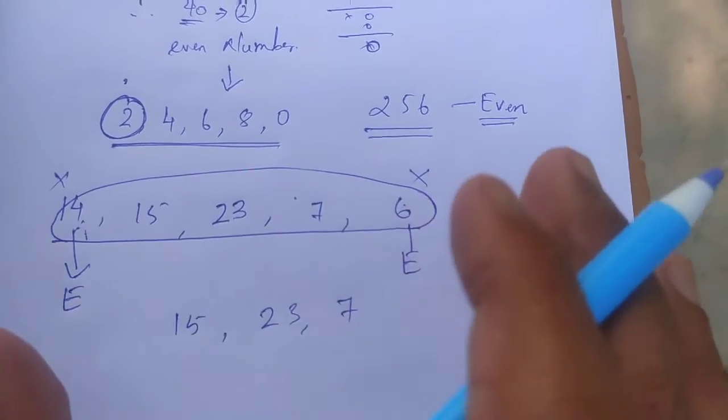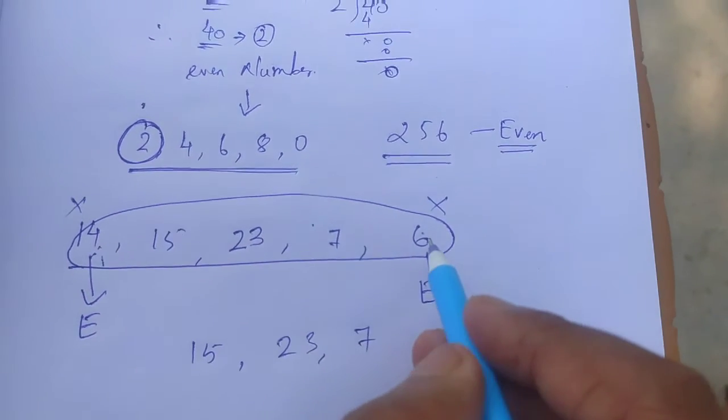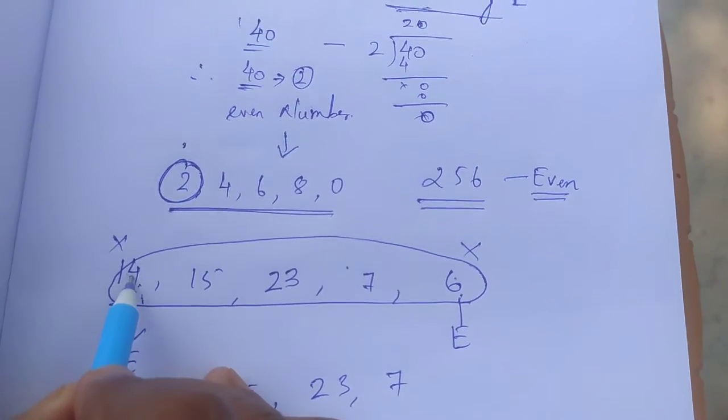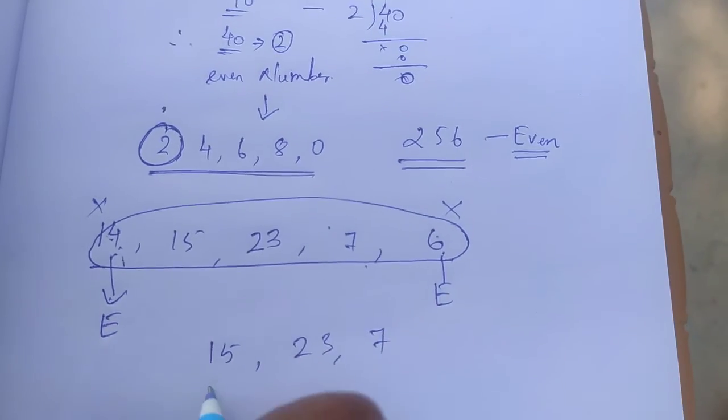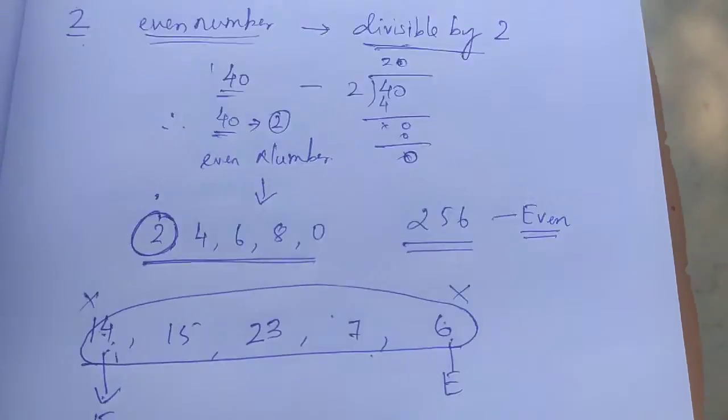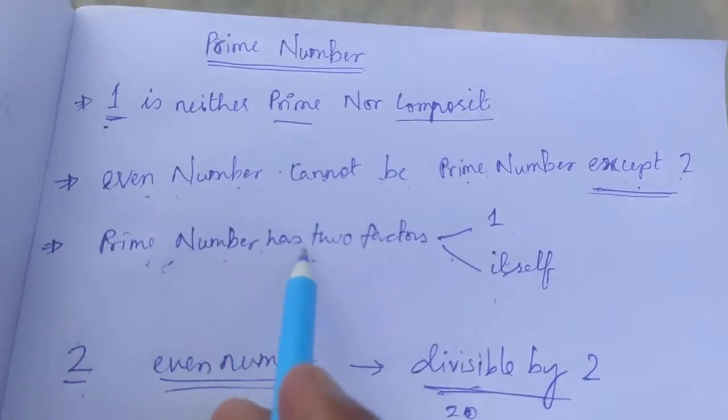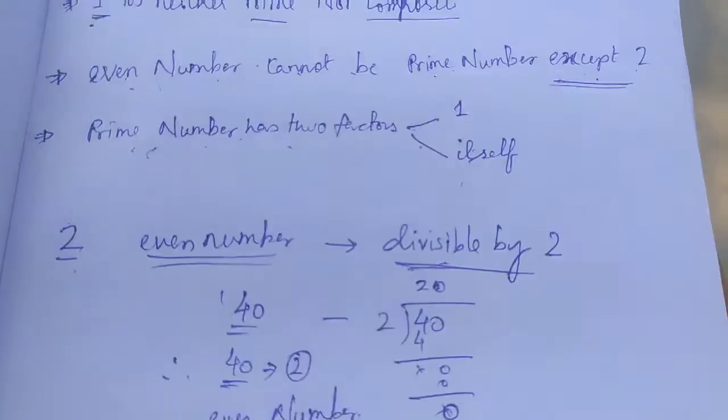Here we are trying to find which are the prime numbers. Because 6 and 14 are even numbers, they cannot be prime. Now we are left with 15, 23 and 7. The next rule is, a prime number has 2 factors, 1 and itself.